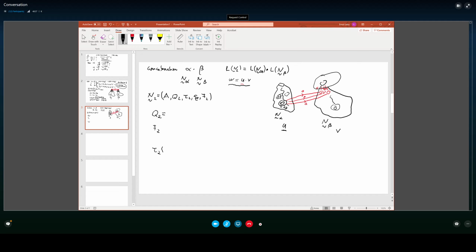That allows us to pretend that each final state of the first automaton is also acting as an initial state of the second automaton. So that means that in every final state in U, you can actually begin a V. Correct. Precisely. That is the whole idea.